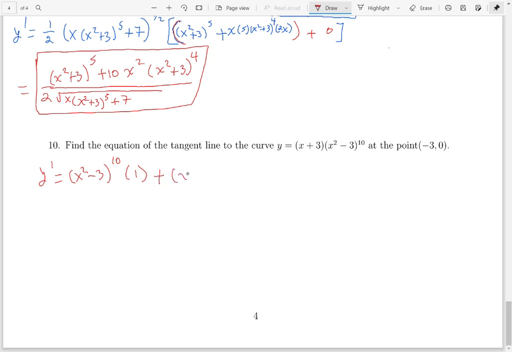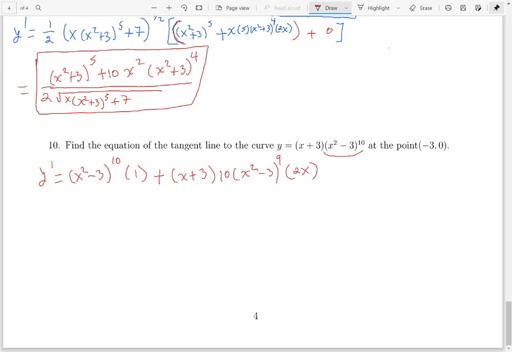plus, now the first function unchanged, that's x plus 3, then we have to take the derivative of this piece, but that's a chain rule, so that's then 10 times x squared minus 3, inner function unchanged, 10 minus 1 is 9, times the derivative of the inner function, which is 2x to the first, the derivative of 3 is 0. There's that. Wonderful. So we found y prime. And for all intent and purpose, since we are just trying to find the equation of the line, why evaluate the rest of this?